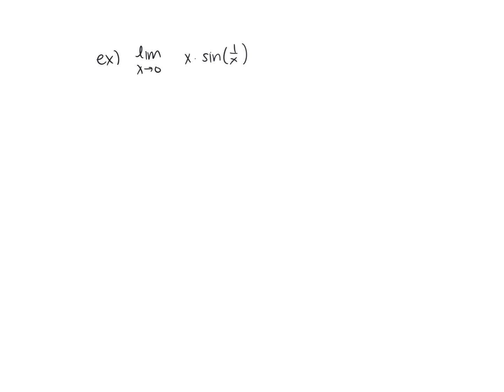But one useful fact about the sine and cosine functions is that they always live between -1 and 1. So no matter what you plug into a sine function or a cosine function, the output is always between -1 and 1. And so I'm going to multiply all of this through by x, but I'm going to do absolute value of x because I want to multiply by a positive number.